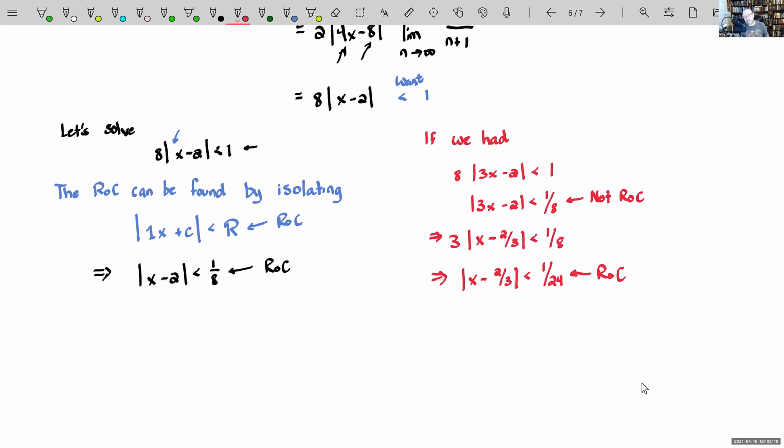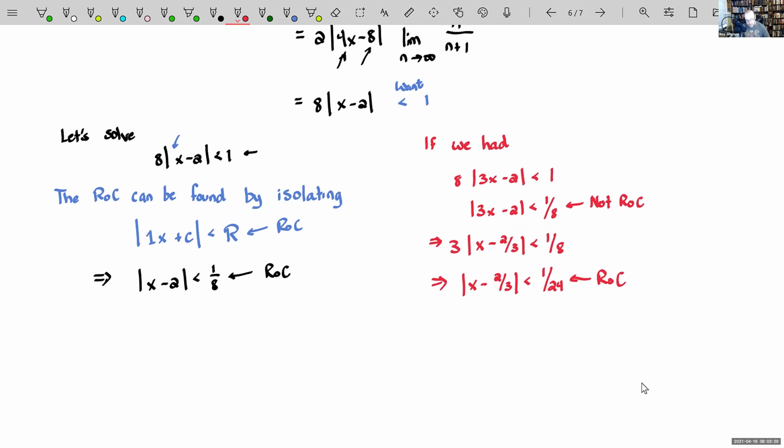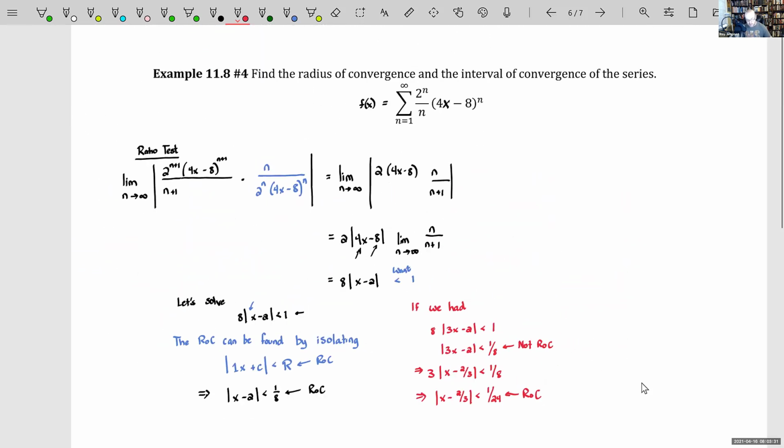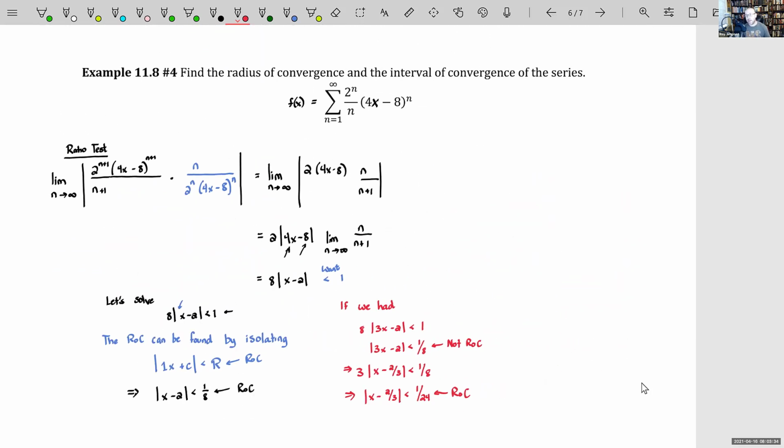So we were lucky in this case that the coefficient of x actually was 1, and that gives us the radius of convergence very quickly. But not only that, it also gives you the center. A lot of people will look at the original power series up above, and they'll say the center is 8 because it's something minus 8 to the nth power.